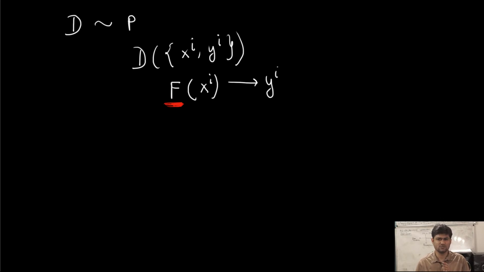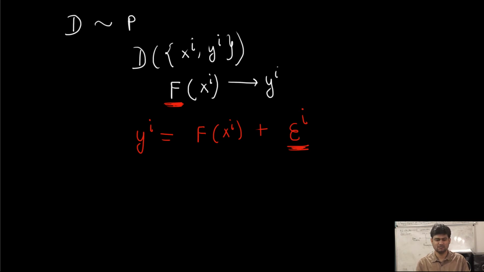But also there's some small noise in the data, which means that these yi's are related by this functional mapping through this equation: f of xi plus some small error epsilon i, where this epsilon i is some random variable.